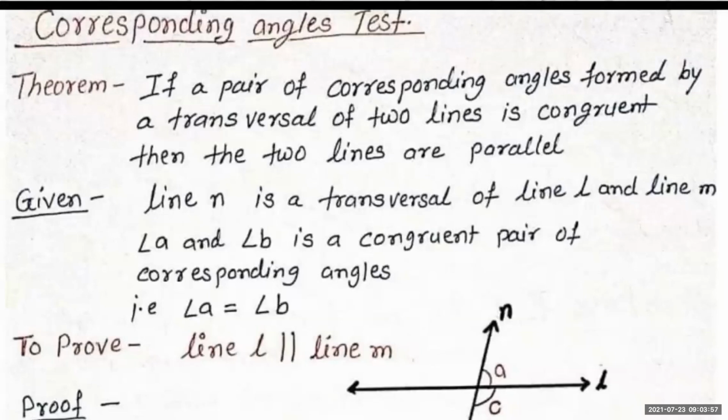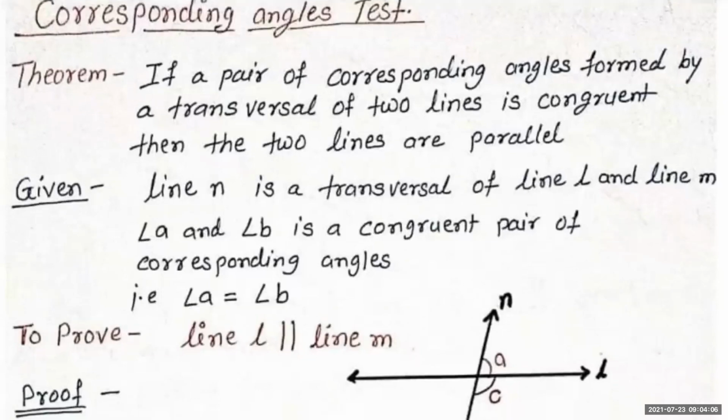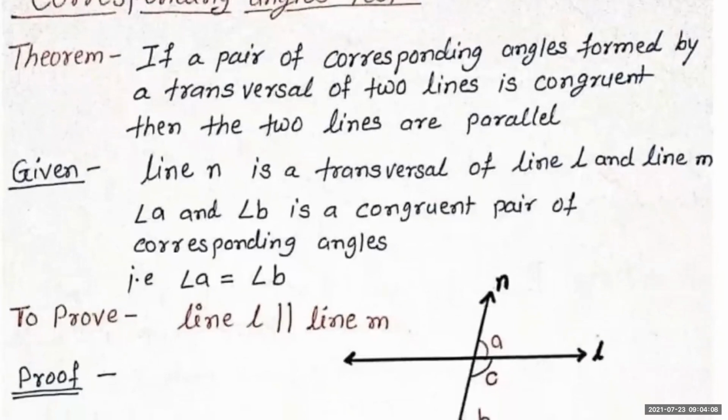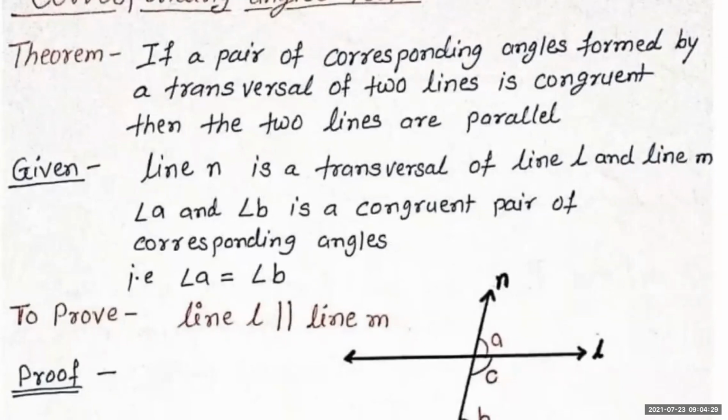So the first part of the theorem is given. Based on it, we will write, here are the two lines, line L and line M.